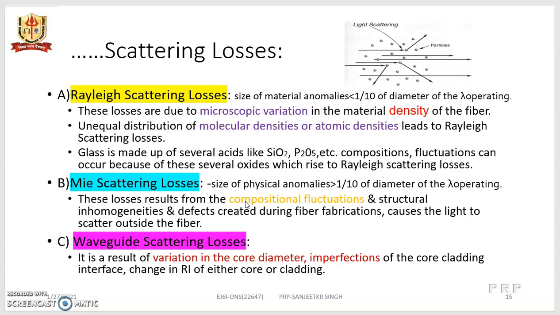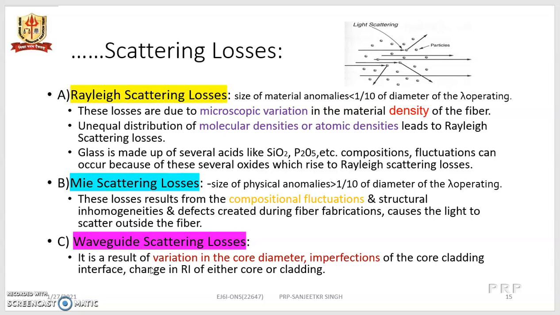Mie scattering results from compositional fluctuations, structural inhomogeneities, and defects created during fiber fabrication, which cause the light to scatter outside the fiber.